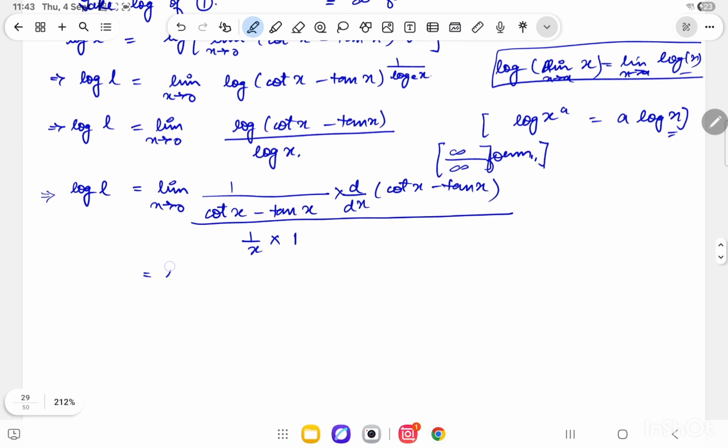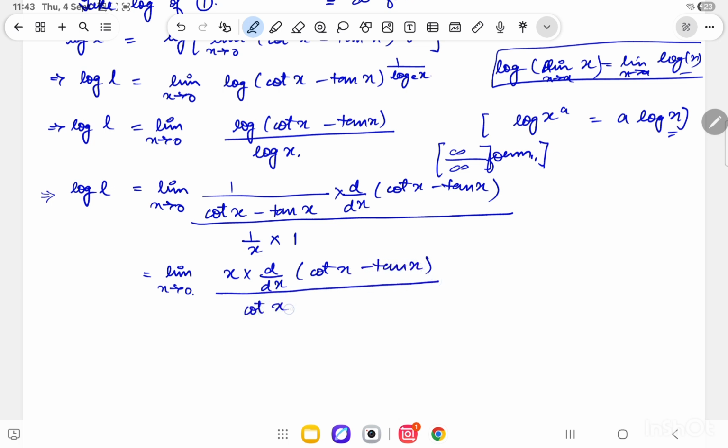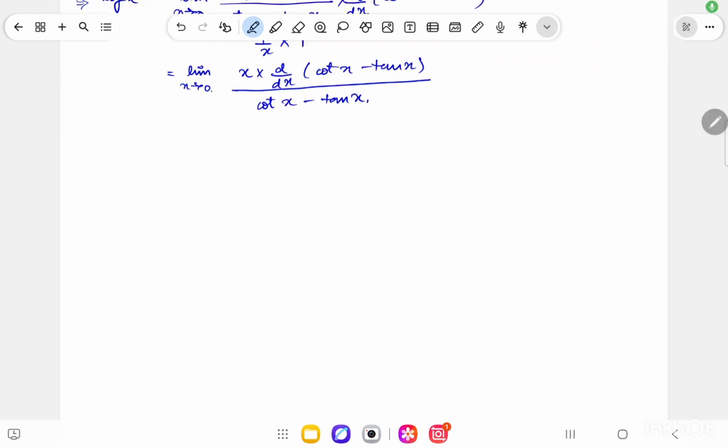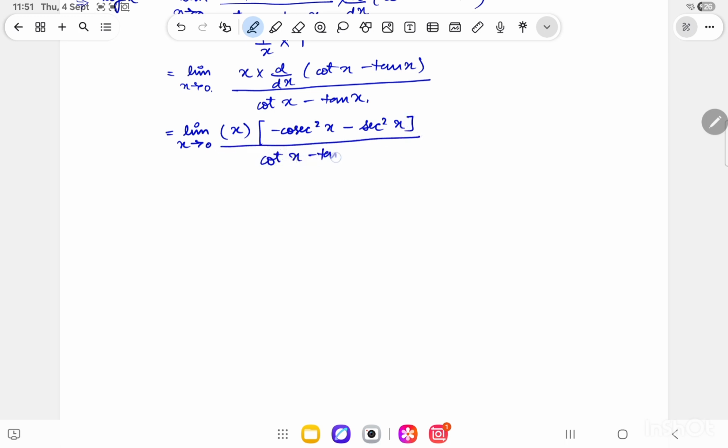So my limit is basically the limit as x approaches 0 of x into d by dx of (cot x minus tan x) divided by (cot x minus tan x). Now I can take the derivative of this term and then simplify it further. The derivative of cot x is minus cosec square x and the derivative of tan x is sec square x, divided by cot x minus tan x.